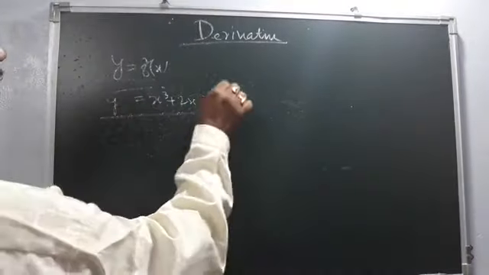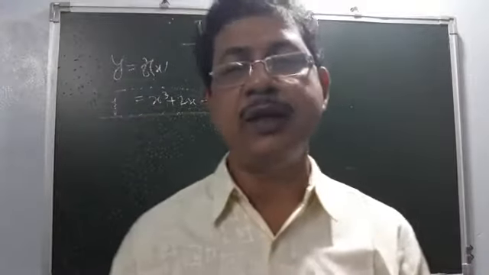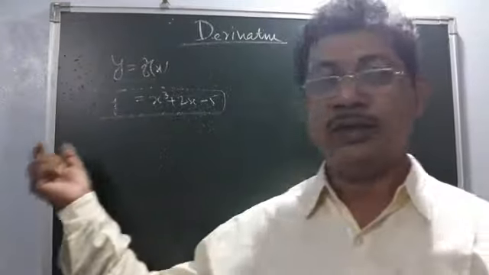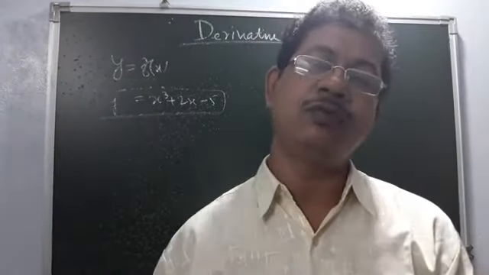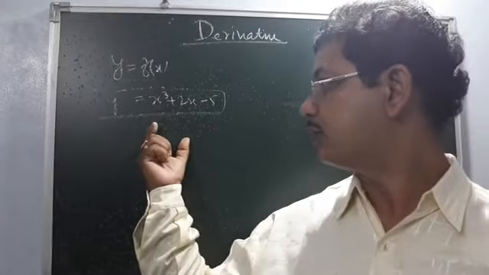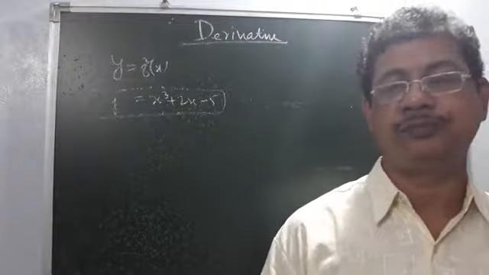So y may be this. For x we have the liberty to put anything, that's why it is independent. y fully depends on the values of x.